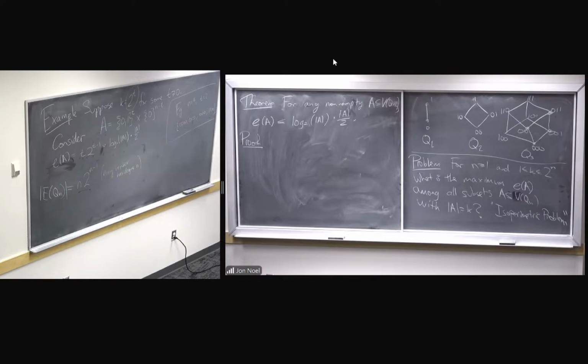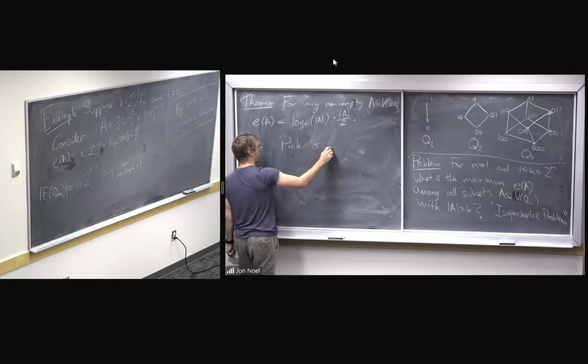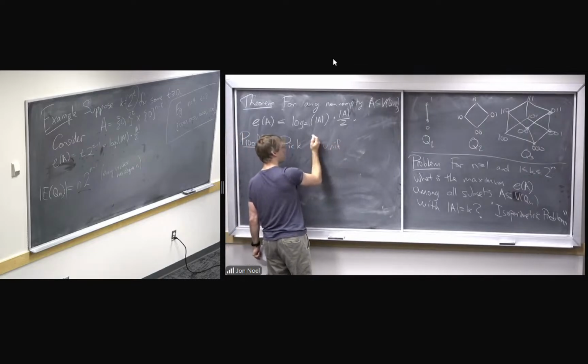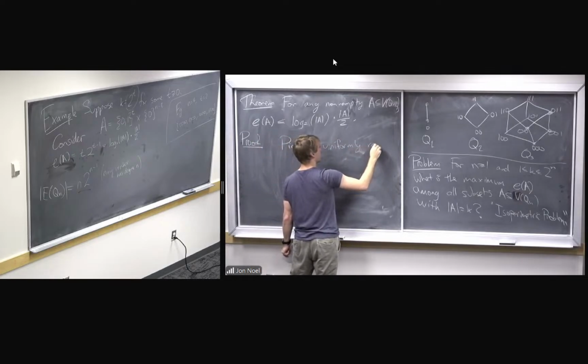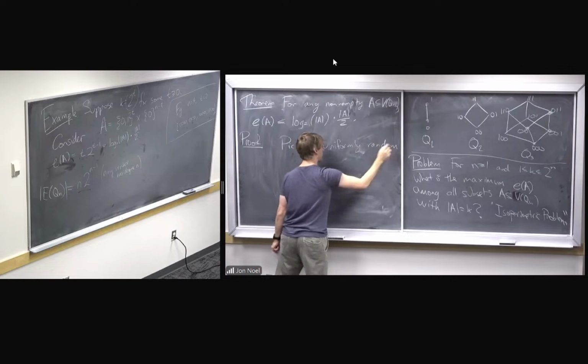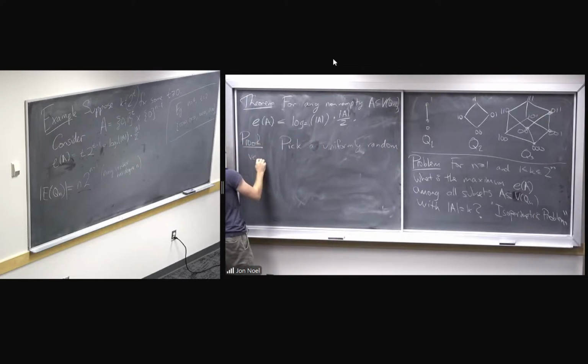So here's what I'm going to do. We're going to use entropy for this. Pick a uniformly random vertex in A. This makes sense because A is not empty.